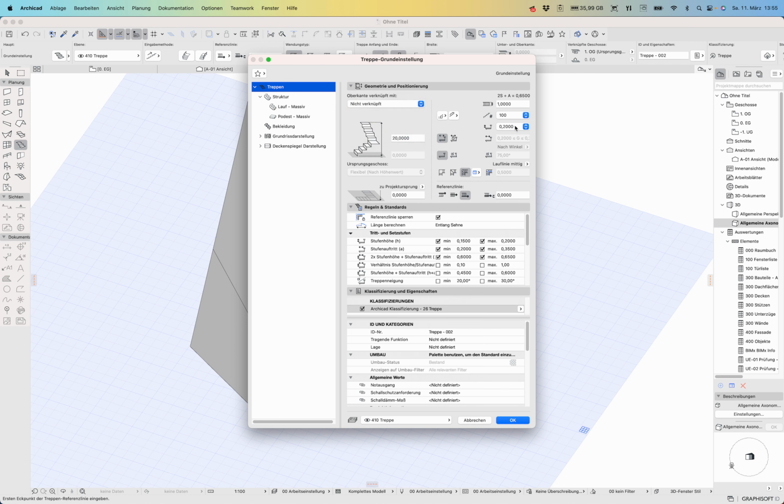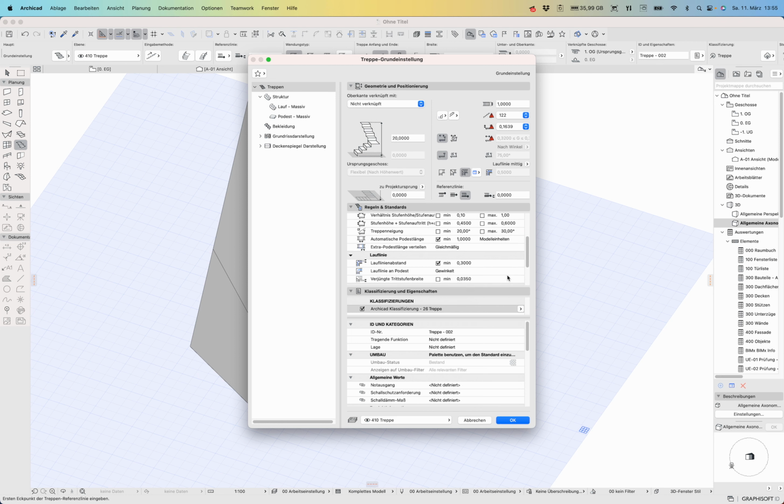I tell it to take just 15 centimeters and 32, so that it has to take exactly these measures. Don't need this, don't add that.